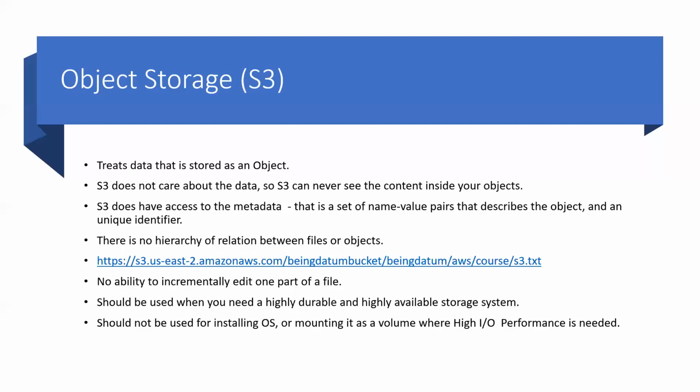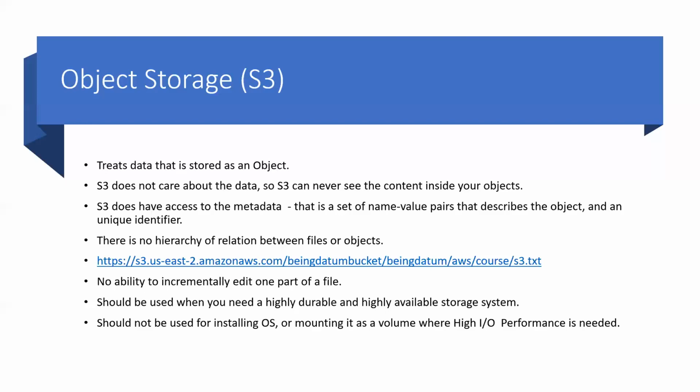In S3, whatever data you store will be treated as an object. From a small file to a large file, whatever it contains, S3 just dumps it into that bucket as an object.